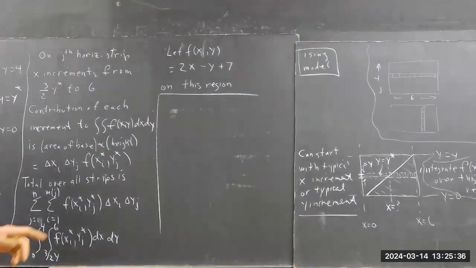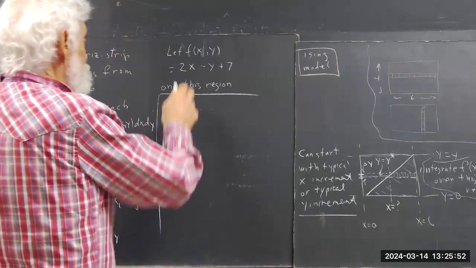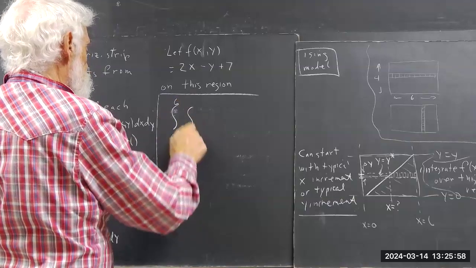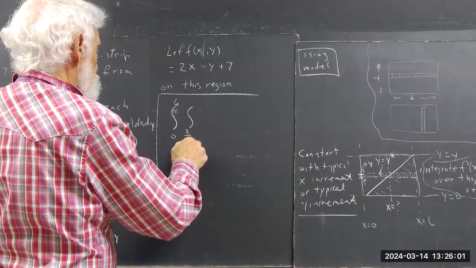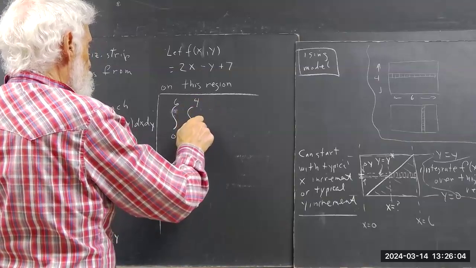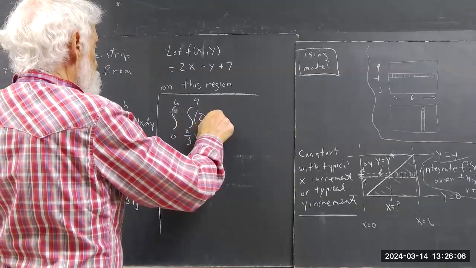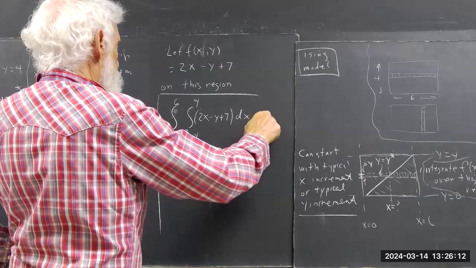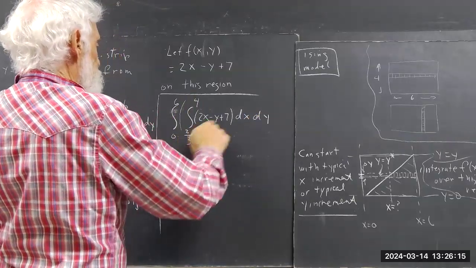Once we've figured out what the limits are by just doing a little geometry or a little pre-calculus, a little algebra, hopefully just a little, we see that we ought to get the integral of 6, 2/3 y, 4 of 2x minus y plus 7 dx dy.